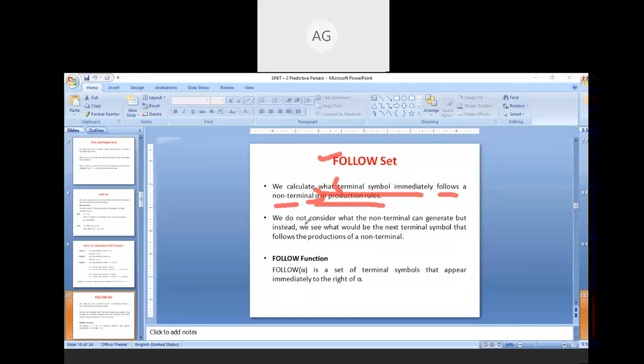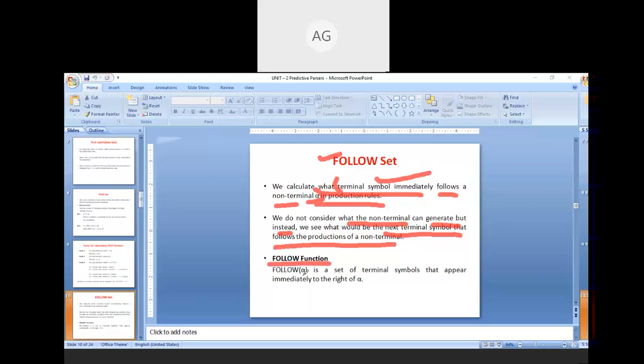We do not consider what the non-terminal can generate, but instead we see what would be the next terminal symbol that follows the production of a non-terminal. So basically we need to consider this statement: what terminal symbol immediately follows a non-terminal. So the follow function is like this.